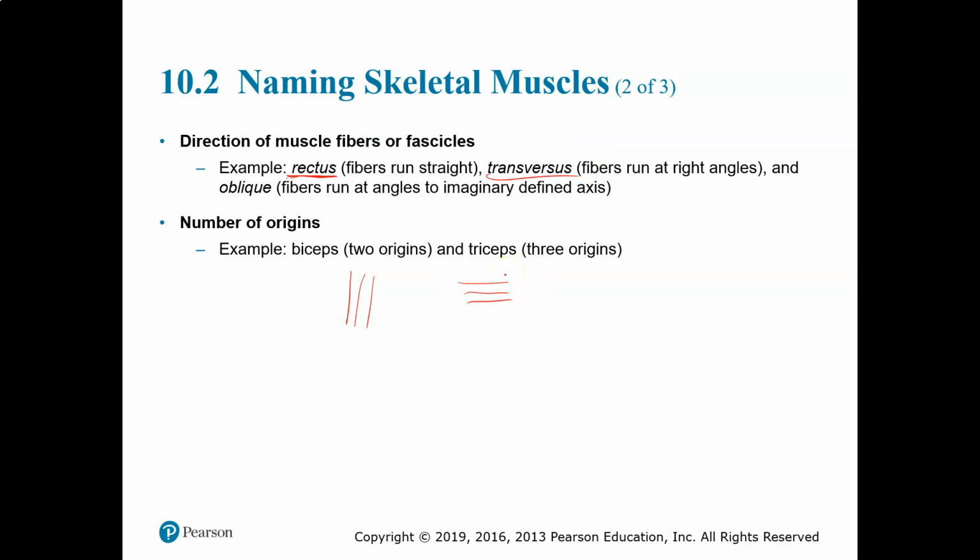And oblique fibers run at angles kind of like that. Number of origins. Bicep means 2 origins. Origin is where the muscle begins, and it's the part that stays still. Remember that. It's the part that doesn't move. So the biceps have 2, the triceps have 3, and the quadriceps have 4.